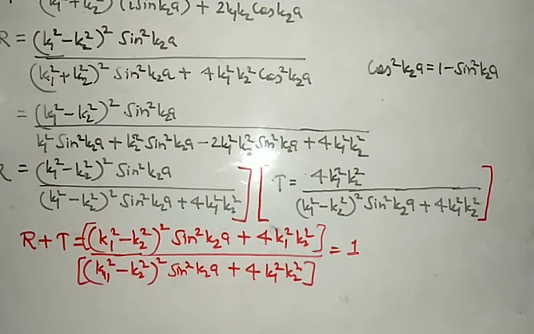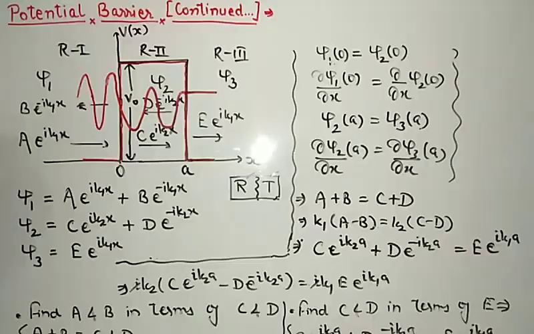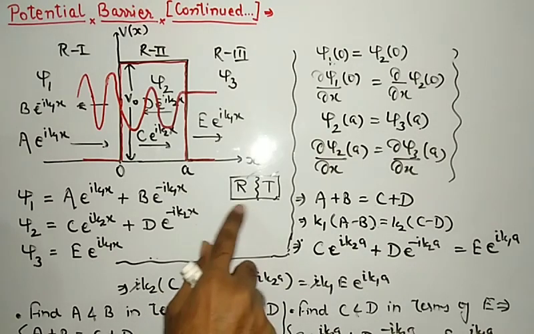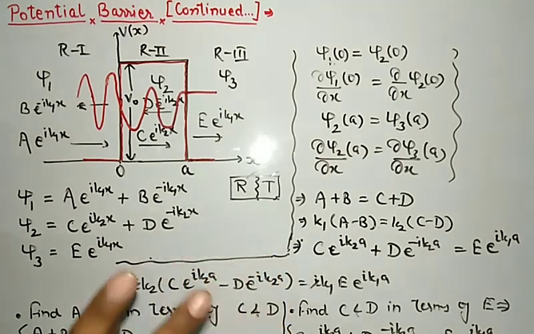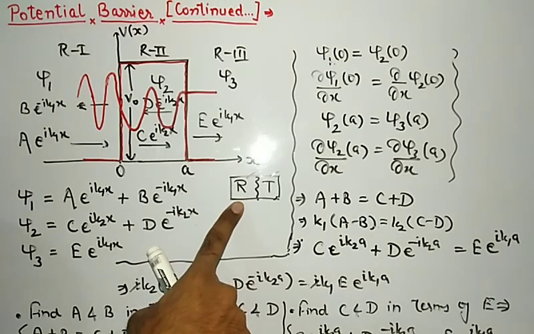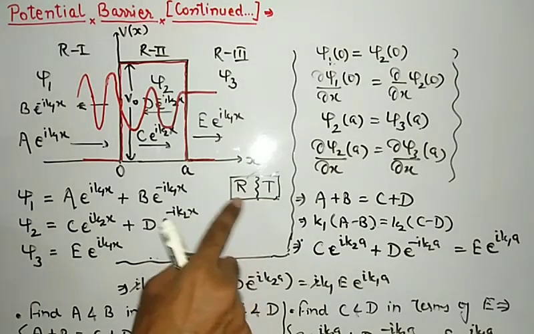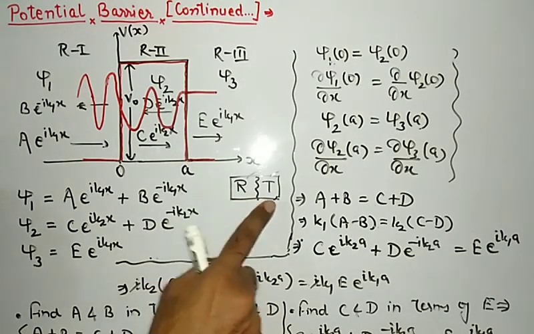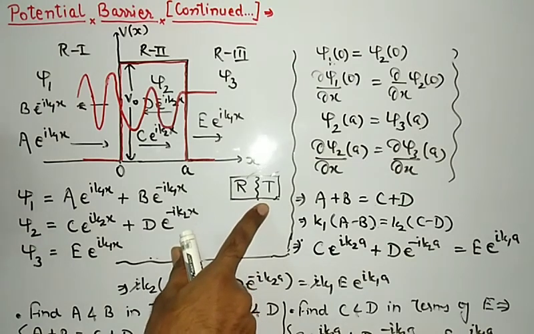Now we will come to the picture. After calculating r and t, we infer that according to the quantum mechanical view we get both the reflection coefficient and the transmission coefficient.